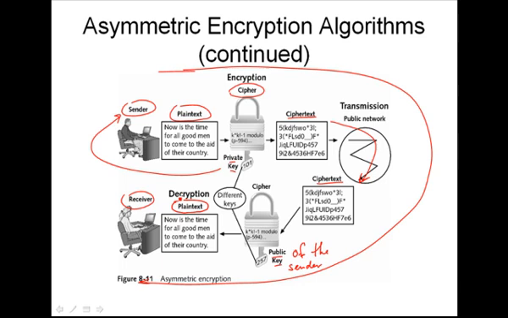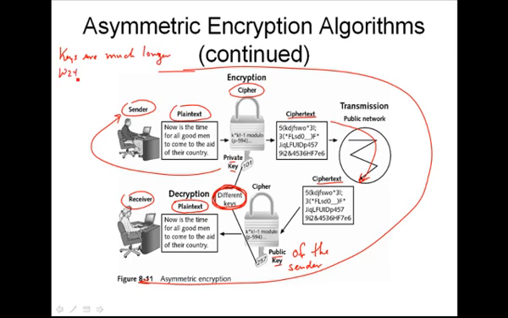Now, if you compare this to the graphic that's in the book for the symmetric encryption, everything here is the same, except asymmetric encryption uses different keys. Another thing, there's a couple more things that are different. The keys are much longer.